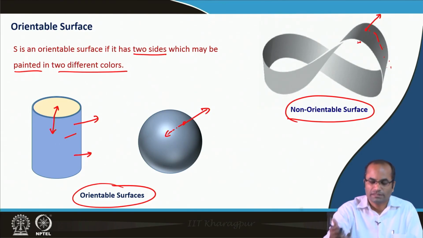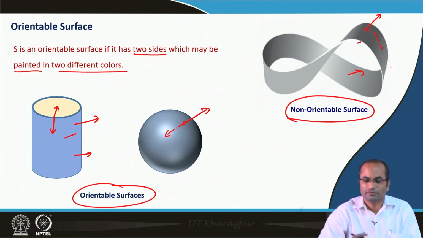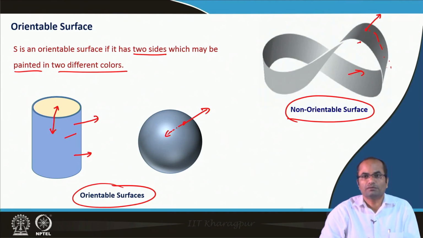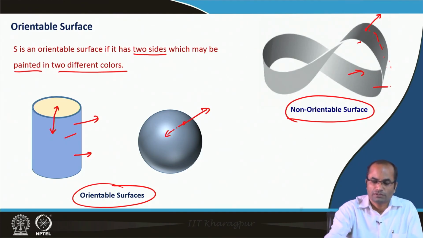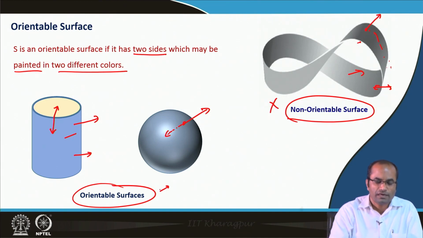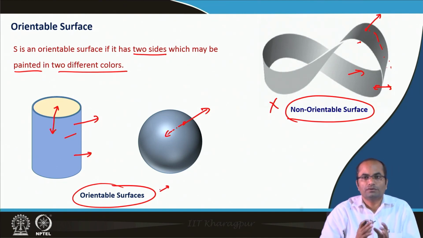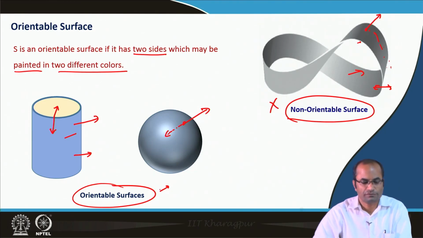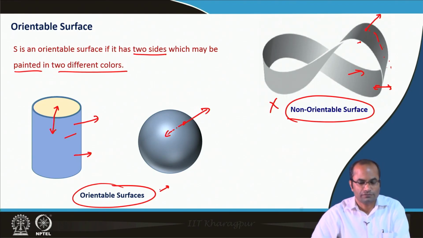So, basically the idea is that this geometry you cannot paint with two different colors, meaning that we do not have two distinguishable surfaces for such a geometry. So, we will not consider this for the surface integrals which we are going to cover today. Always we will have two distinguishable faces of a given surface.